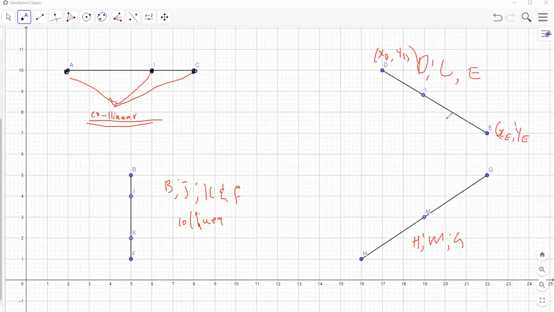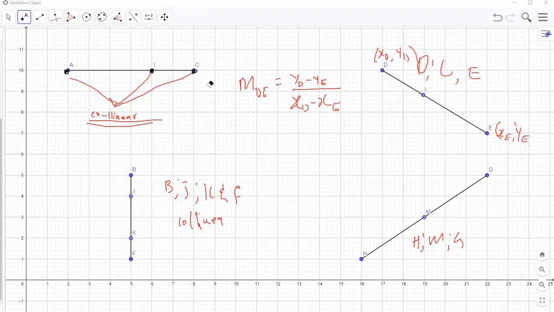What I'm gonna do now is derive a nice little formula for you. We said if I'm looking at the line DE, and I want the gradient of the line DE, I'm gonna say m_DE. This is change in y, which is y at D minus y at E, all over change in x, x at D minus x at E, right?